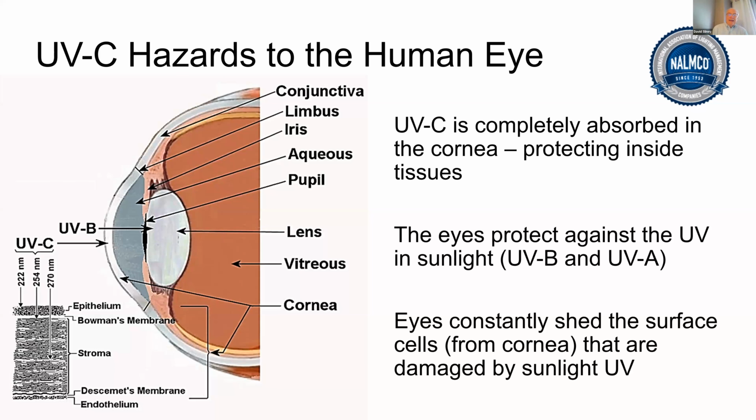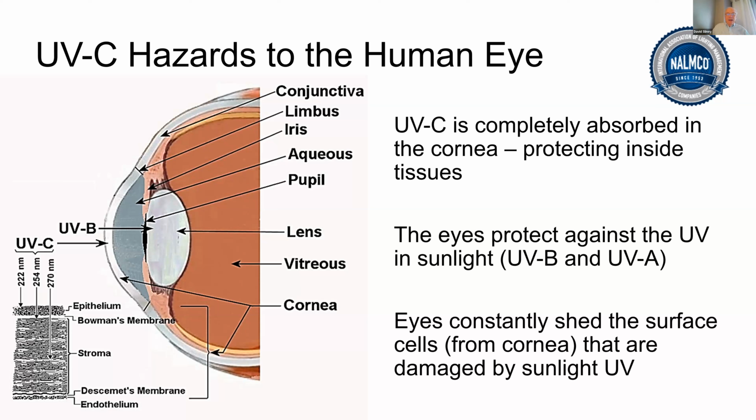I want to emphasize that the skin and the eyes are designed to deal with a bath of ultraviolet photons that are coming from sunlight, or we wouldn't survive. And there's constant repair of damaged DNA in the skin and the cornea and the epidermis and so forth. So the eyes are constantly shedding the surface cells.